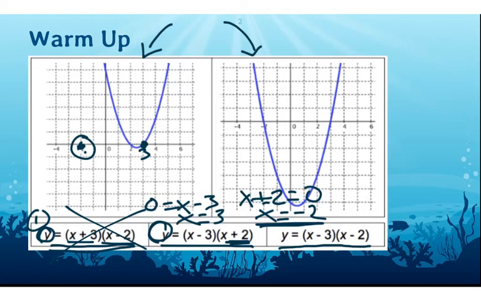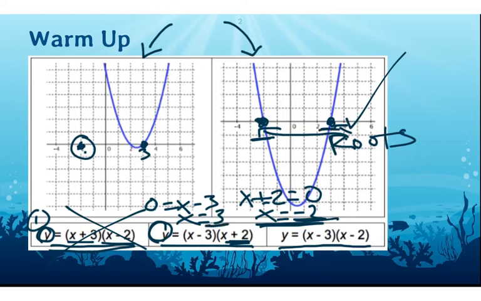So let me see the other one. So again, I'm at positive 3 and negative 2. Yes, that works. I have both of my roots right here, and they match with negative 2 and a positive 3.